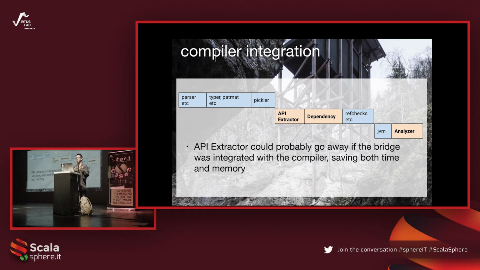So in other words, we might be able to merge these things together so that the Pickle is the information that's being used for incremental compilation, and you can get rid of that whole phase. That will save memory because we don't have to duplicate the whole type information, which gets pretty big inside of your memory when you're doing compilation.